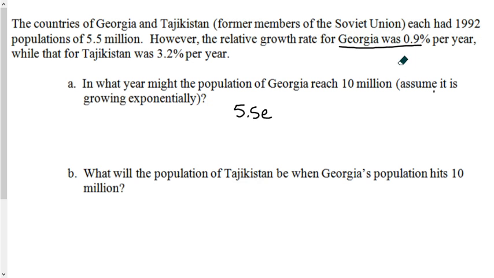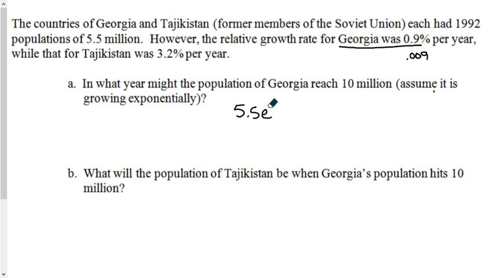Now, 0.9%. Remember, if this is 1%, it'd be 0.01, but it's even less than that, right? This 0.9%, we've got to move that decimal 2 times, so it'll be 0.009.